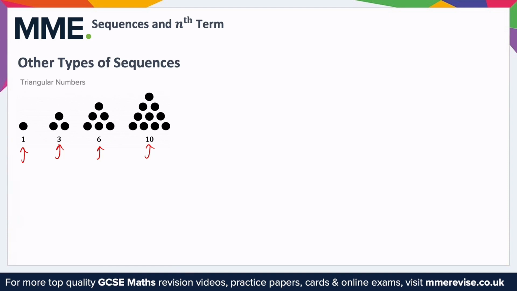So to find the next one, you'll notice this went up by 2, this went up by 3, this went up by 4. So logically, you would say the next term goes up by 5, and yeah, it does. So you could draw another triangle with 5 at the base, 4, 3, 2, and then 1. And you can see there's 15 dots there, so that's the next triangular number.